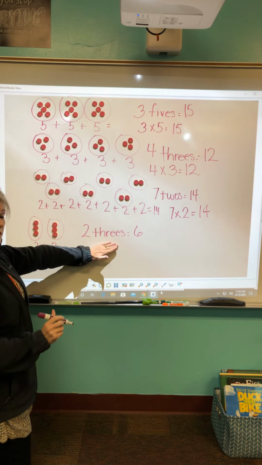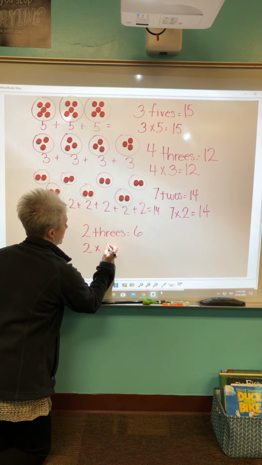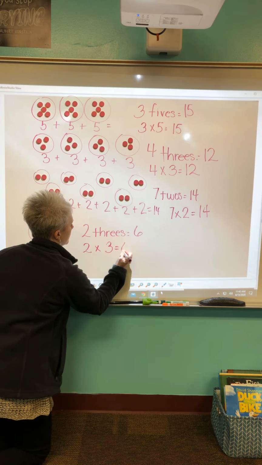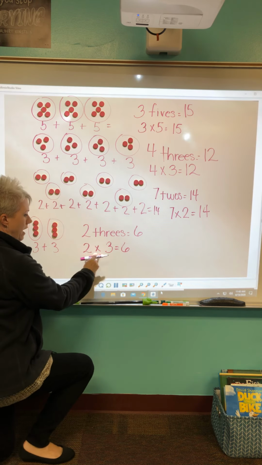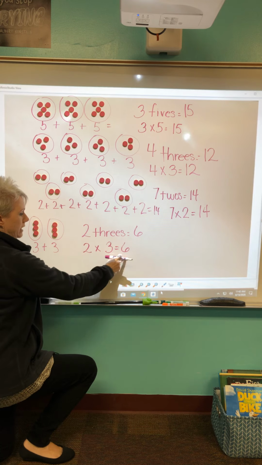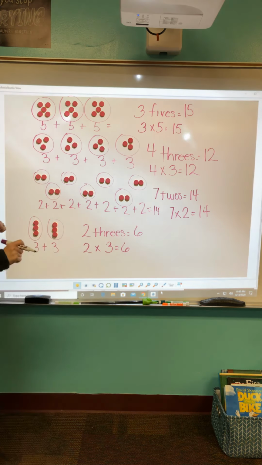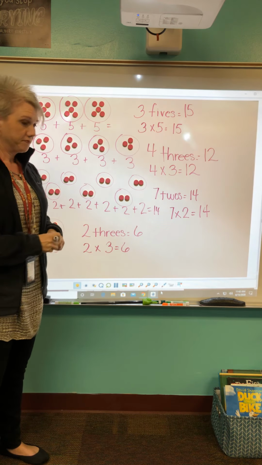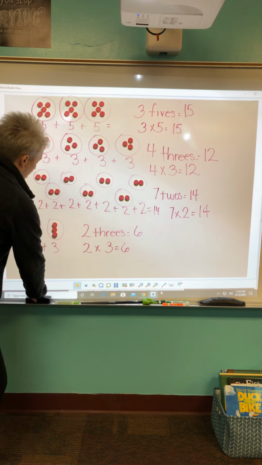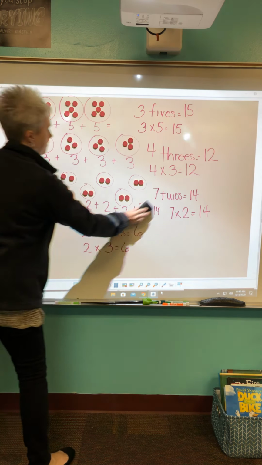Now, this is the same thing as writing 2 groups of 3 equals 6. 2 times 3 equals 6. 2 groups of 3 equals 6. 1, 2, 3, 4, 5, 6. And that is multiplication.